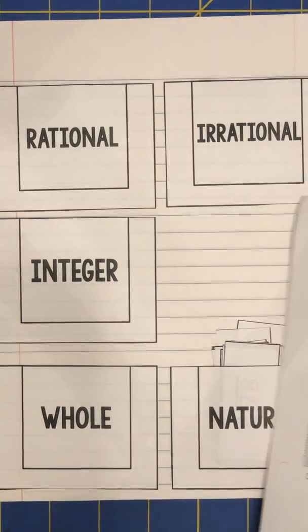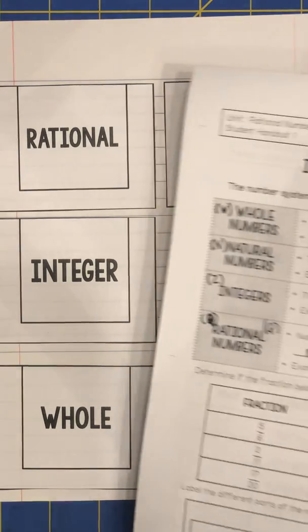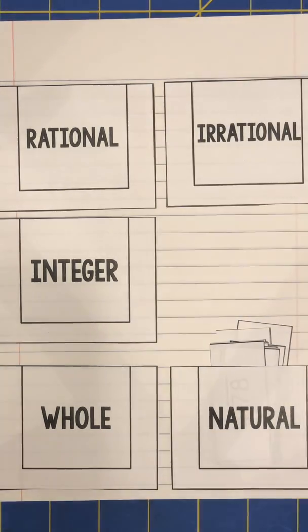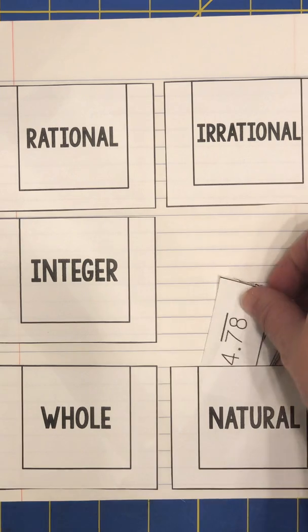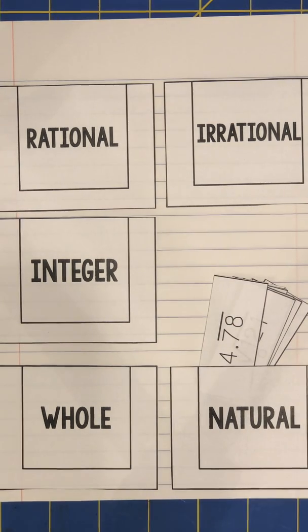So what I want you to do tonight for homework is take all of that information that we have, and you're going to cut out these little tabs, and you're going to glue them in your notebook, and then you're going to look at the choices here and decide which ones go into which pocket.